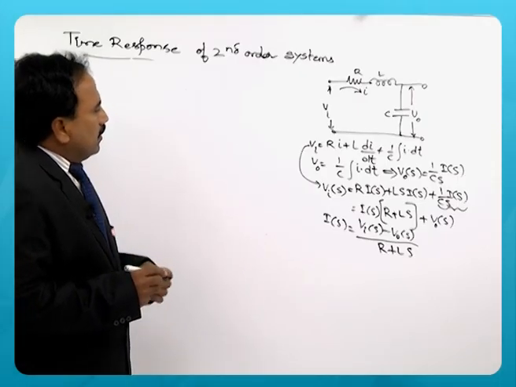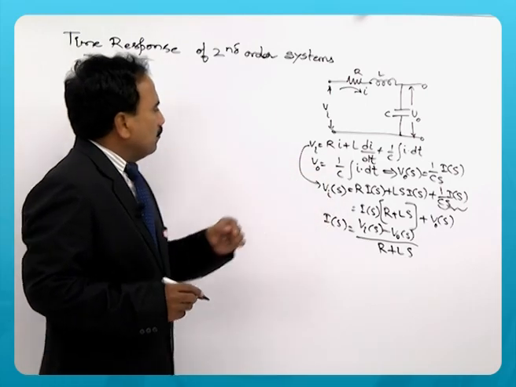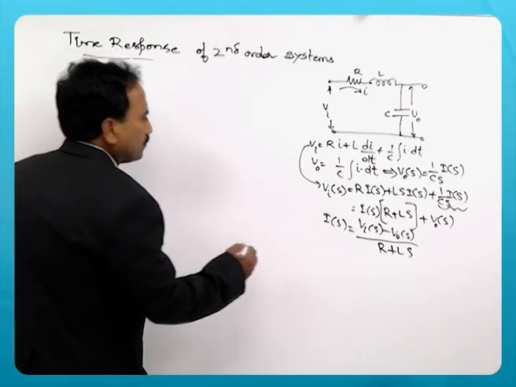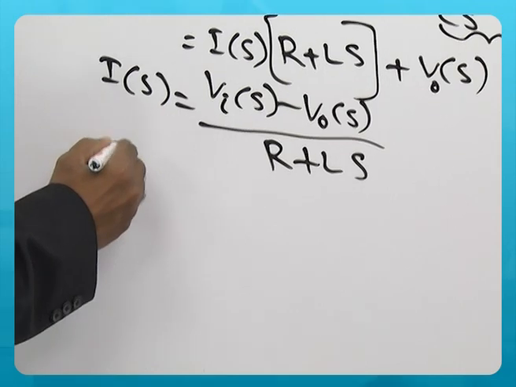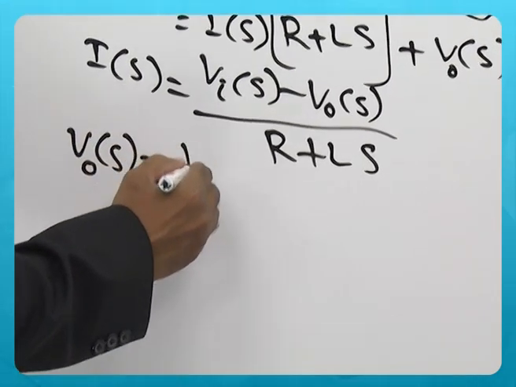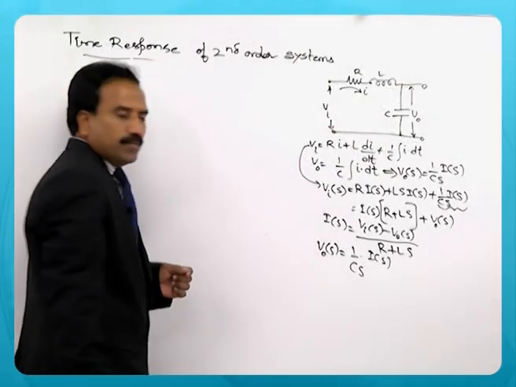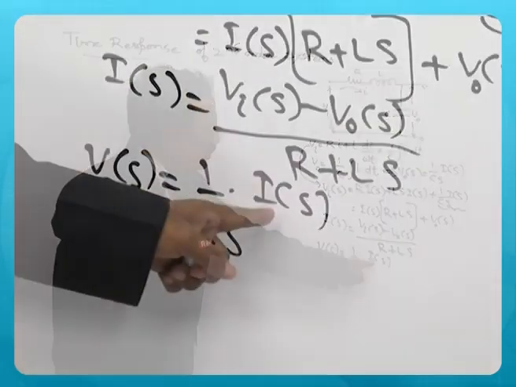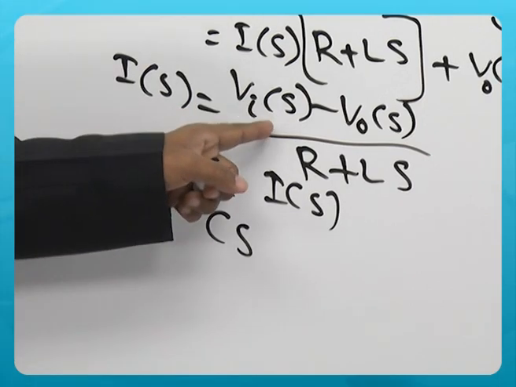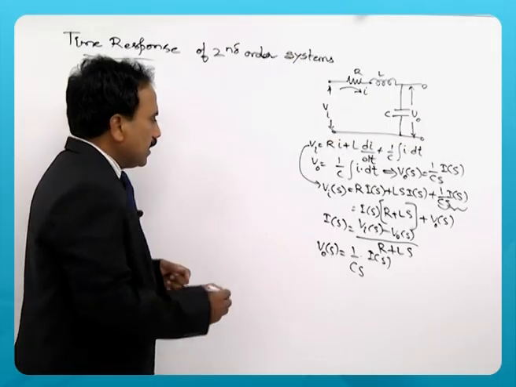And if I want to get now V0 of S, it is equal to 1 by Cs into I of S. This I of S you can substitute Vi minus V0 by R plus Ls.